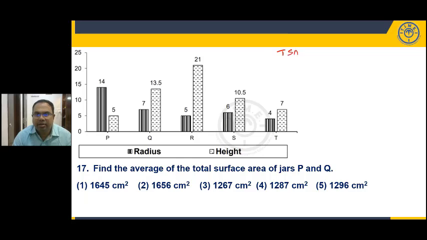How will you get total surface area? 2 pi r into r plus h. One minute over.